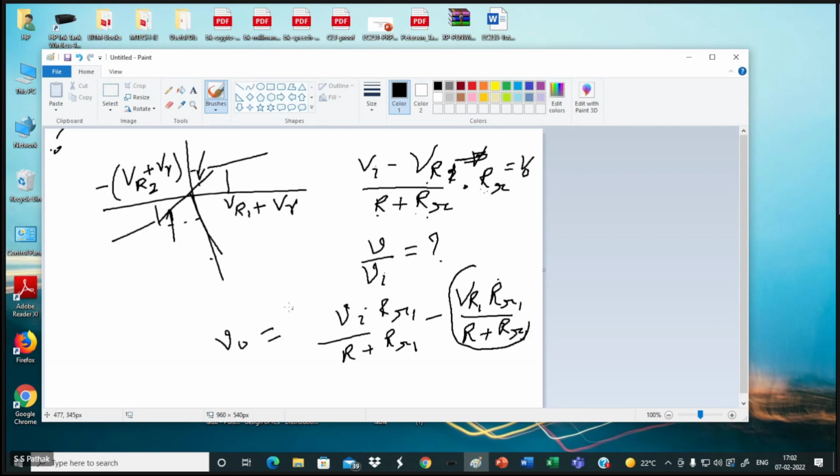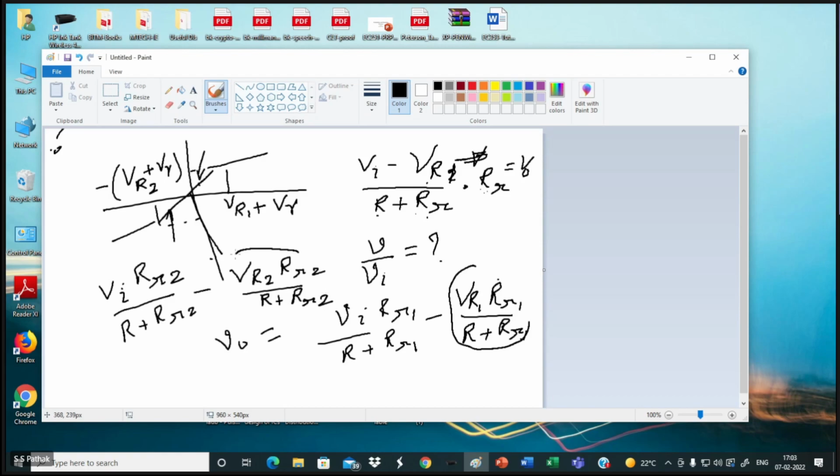In this case, it will be VI times RR2 of the second diode divided by R plus RR2, minus VR2 into RR2 divided by R plus RR2.